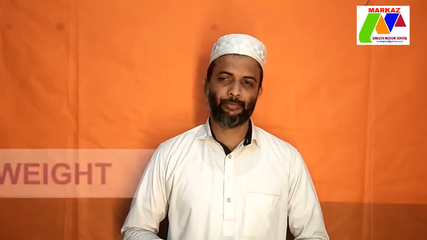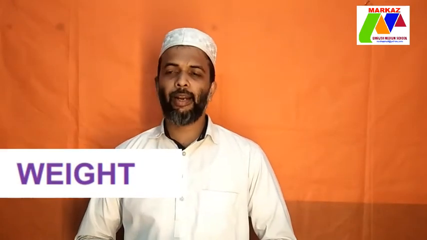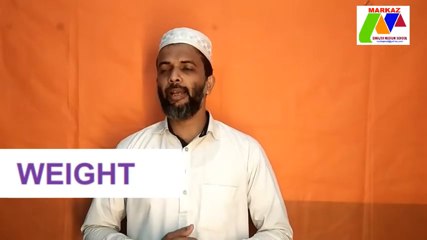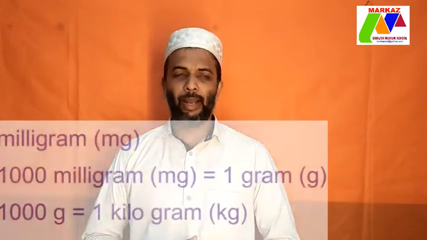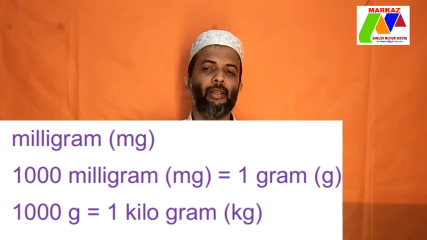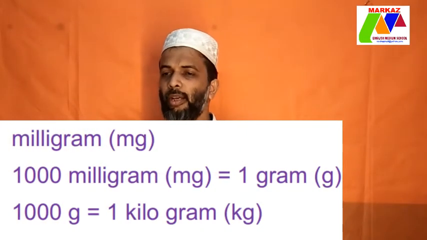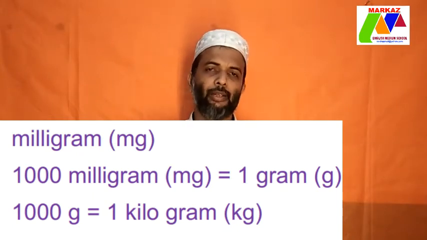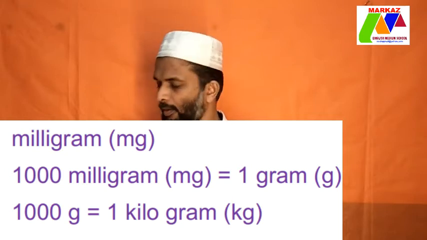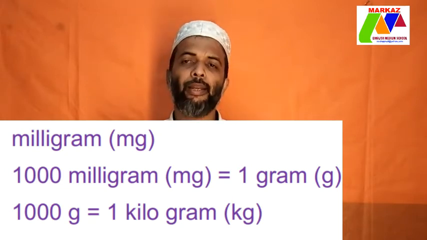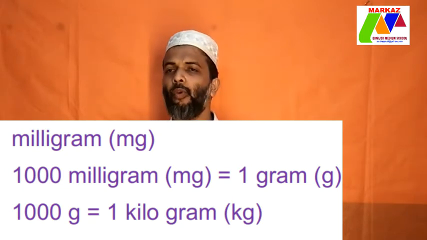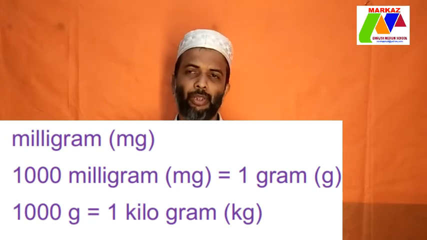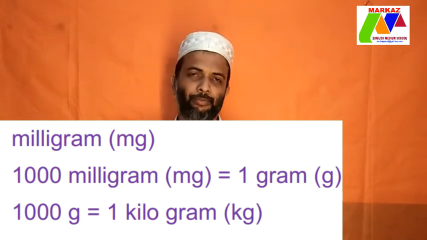Take your notebook and write the heading Weight. Then write down the chart. Milligram, in bracket mg. 1000 milligram is equal to 1 gram, in bracket g, small letter g. 1000 gram is equal to 1 kilogram, within bracket kg.